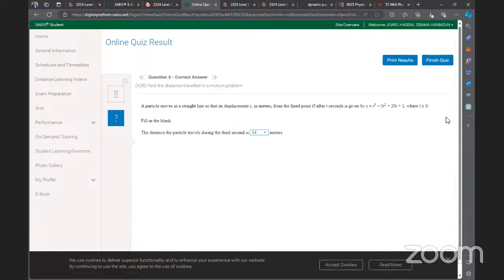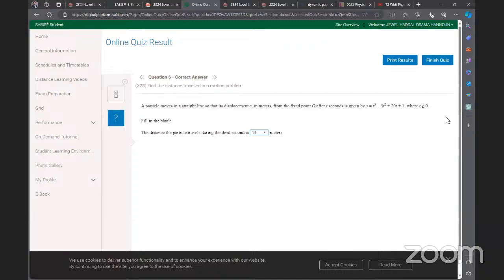Okay, so he said the distance the particle travels during the 3rd second. The 3rd second. Oh, really? Oh, it's an English tricky question. Okay, okay, okay. It's the 3rd second.